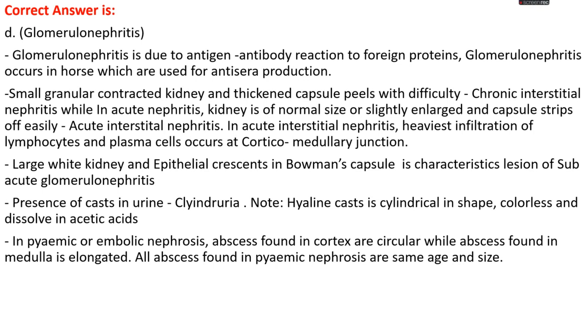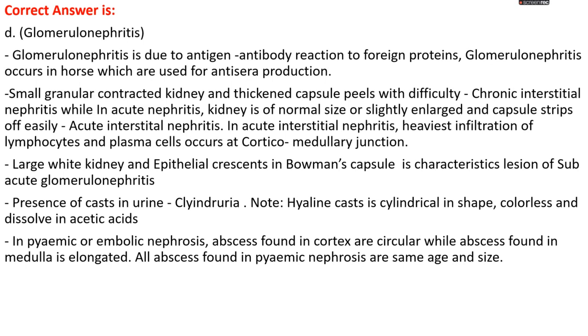A small granular contracted kidney with a thickened capsule that peels with difficulty is known as chronic interstitial nephritis. While in acute nephritis, kidneys of normal size or slightly enlarged, and the capsule strips off easily, that is known as acute interstitial nephritis.